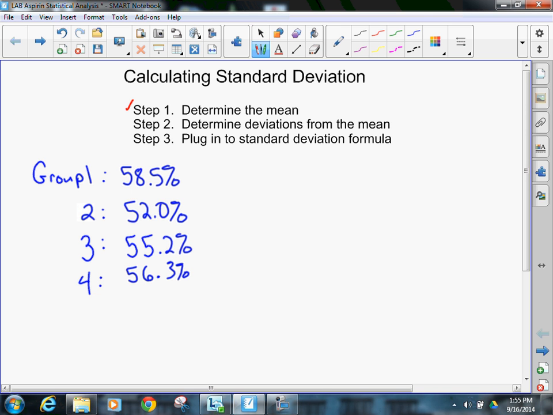All right, so to determine the mean, that's just an average. So that's pretty easy. We will first add up all the percent yields.